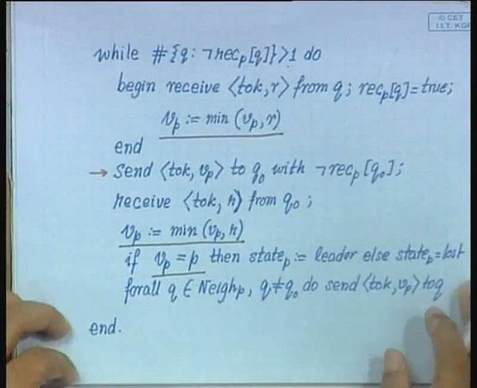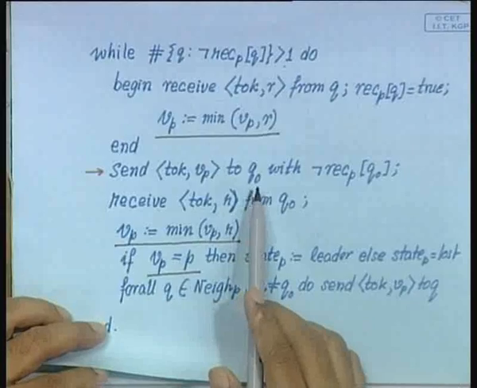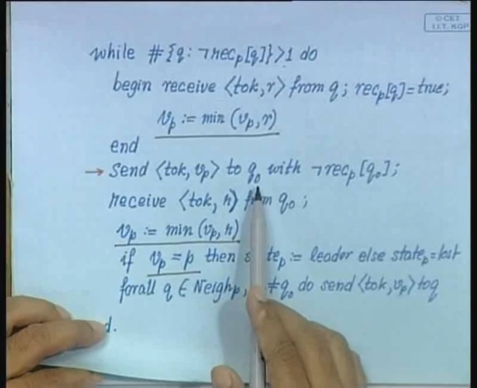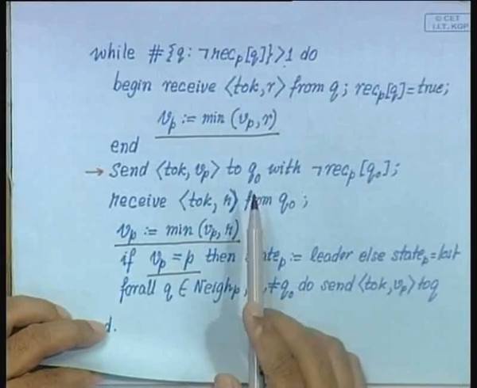Yes. Sir, once the leaf node is sending this token to q0 neighbor, then it will immediately receive a reply. Once the leaf node sends token Vp to q0, now, q0 will immediately send it back on. No, not immediately.